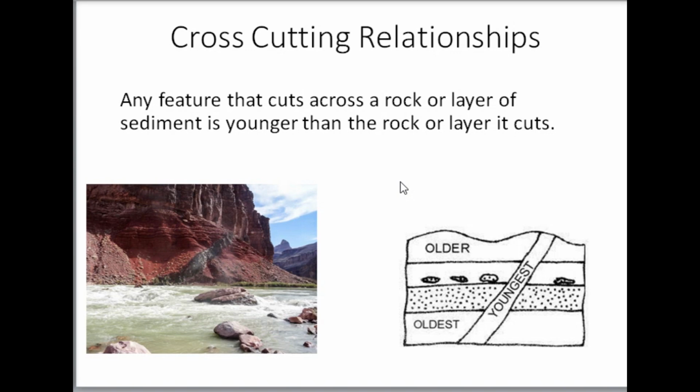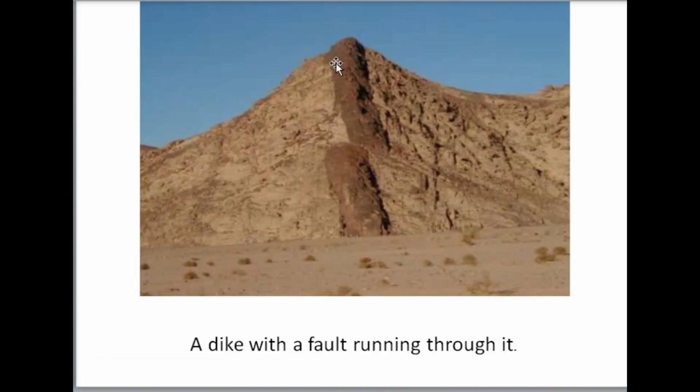Here we've got the summary of cross-cutting relationships. Any feature that cuts across a rock or layer of sediment is younger than the rock or layer it cuts. Here we've got a nice little diagram, and here's a picture in real life. This is an interesting picture.